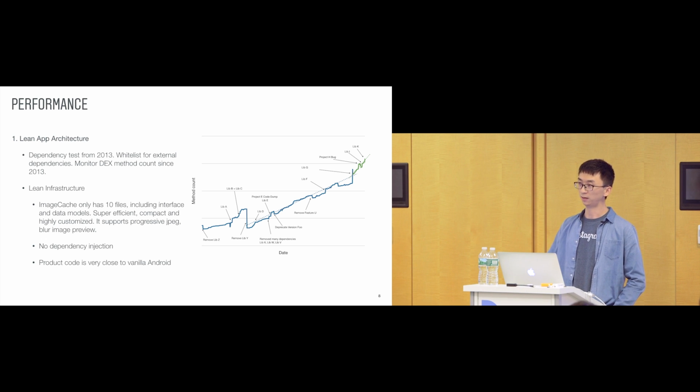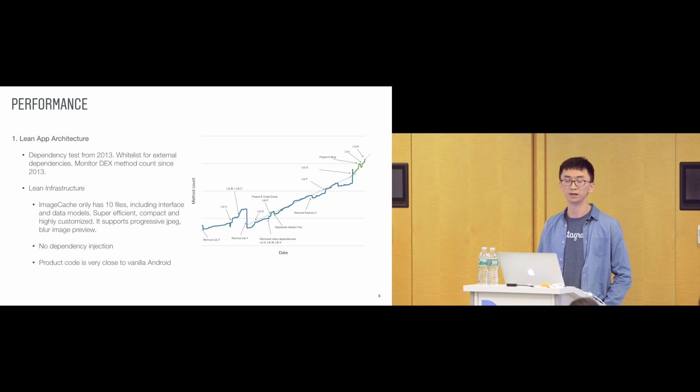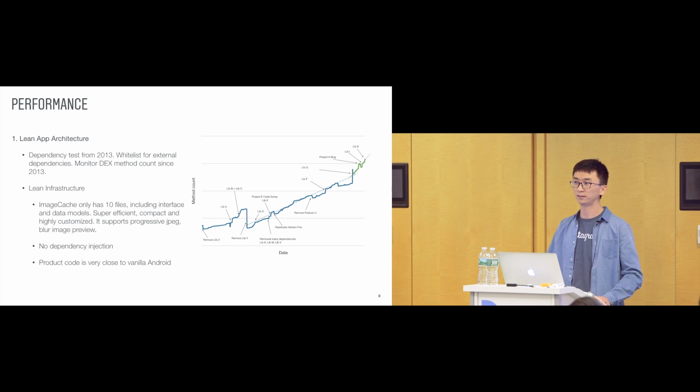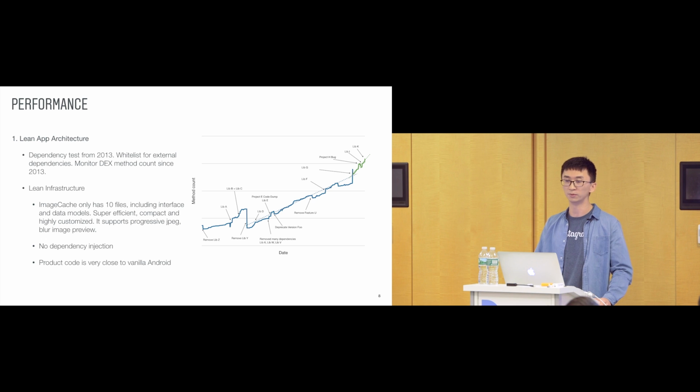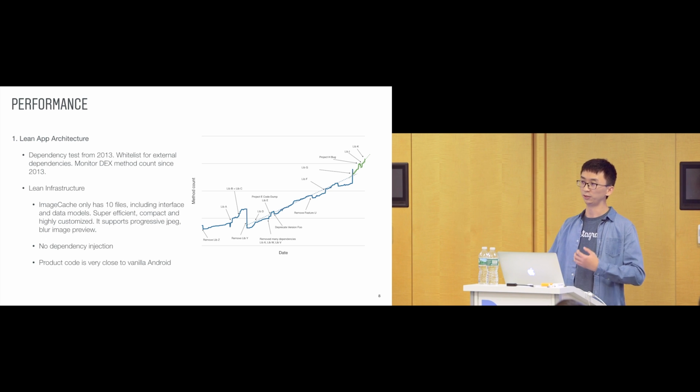For instance, for external dependencies, we have dependency tests where we can ensure that every external dependency is listed in a whitelist. From the whitelist, you can trace back to when and where, and for what reason an external dependency was added to your app, so that you can audit the dependency every time a new one is added, and make sure a new dependency is only added when you really need a large portion of it.